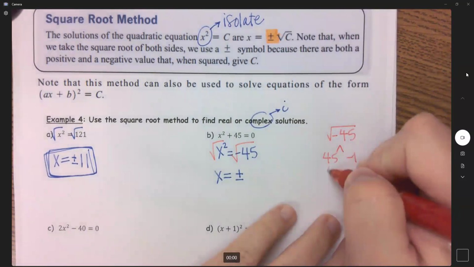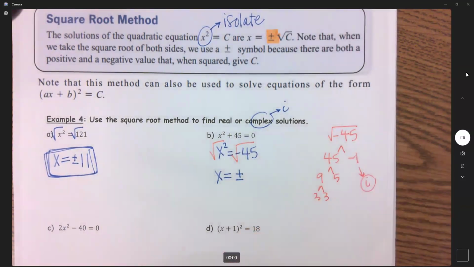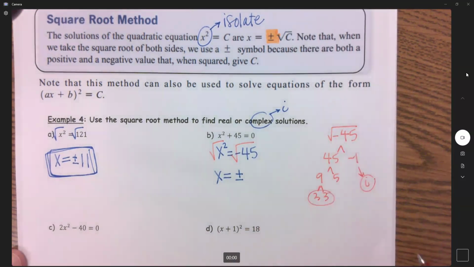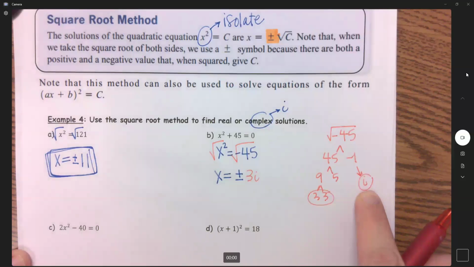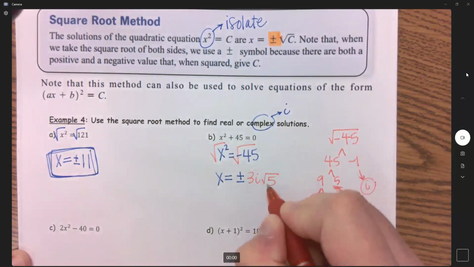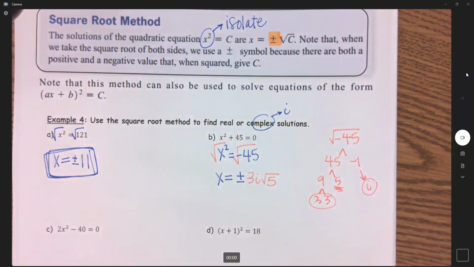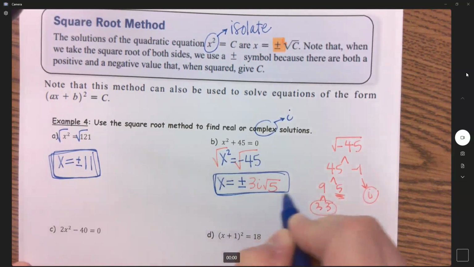Now let's break down 45, and that's 9 and 5, which is 3 and 3. So here's my pair. So this is going to be 3i, and then what doesn't have a pair stays inside. And so that is my answer. Those are my two solutions.